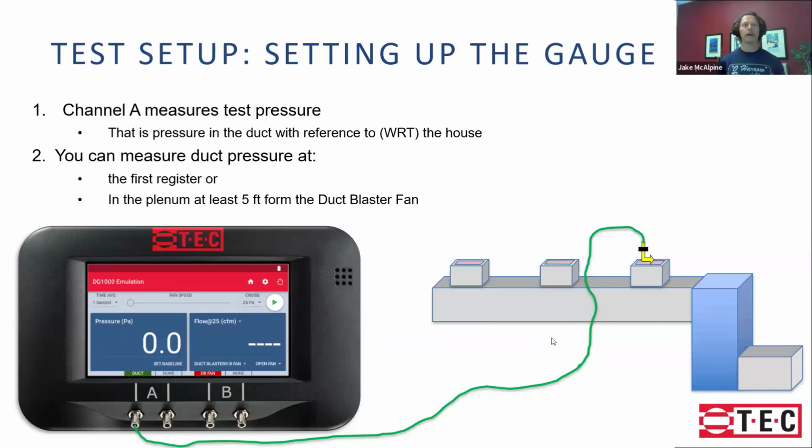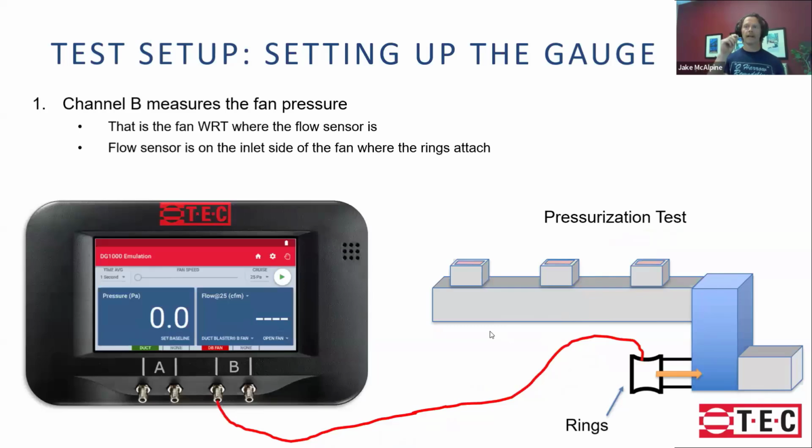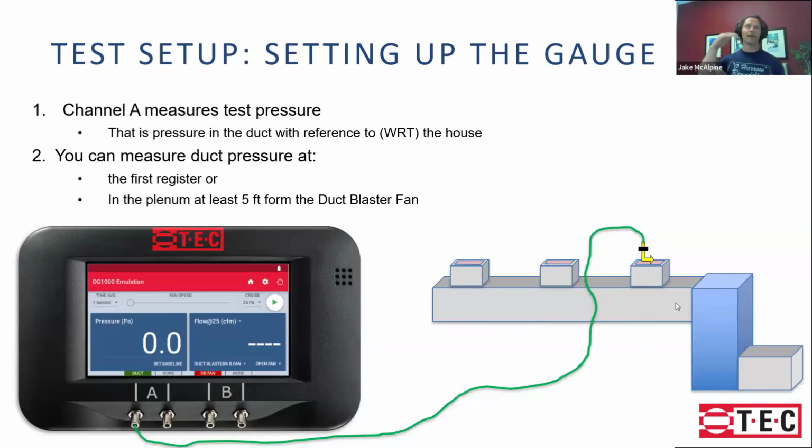The 2 most common are at the first register, where you've got it sealed up, where you can just put your probe through the tape, or you can drill a test port on the air handler. We say be about 5 feet away from the fan to avoid any unnecessary fluctuation from the fan blowing air in there. That's where you're going to measure your building pressure.